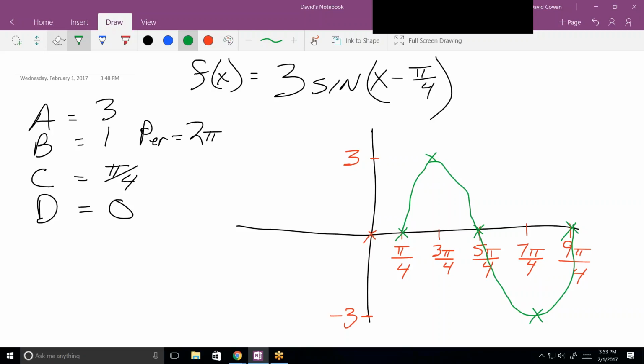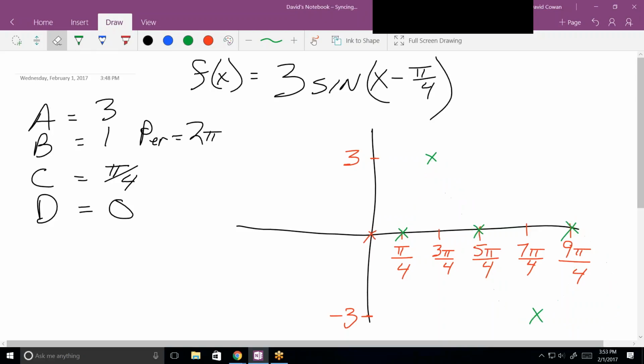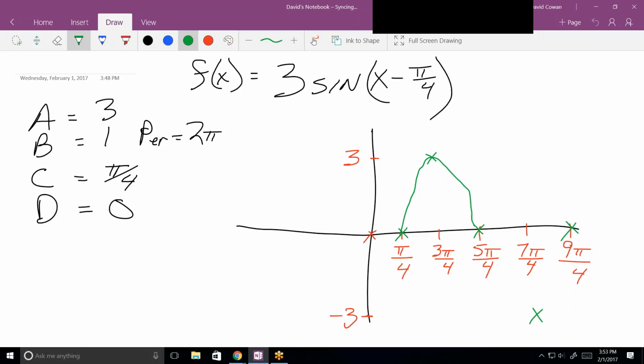If you happen to draw the curve in a funny fashion, the teacher will not take points off. In other words, if I would have drawn the curve like this, I would have still gotten credit. The key thing is those quarter points. Those quarter points are where it reaches its peak, where it goes back through the x-axis, where it goes to its minimum, and where it comes back to the x-axis.